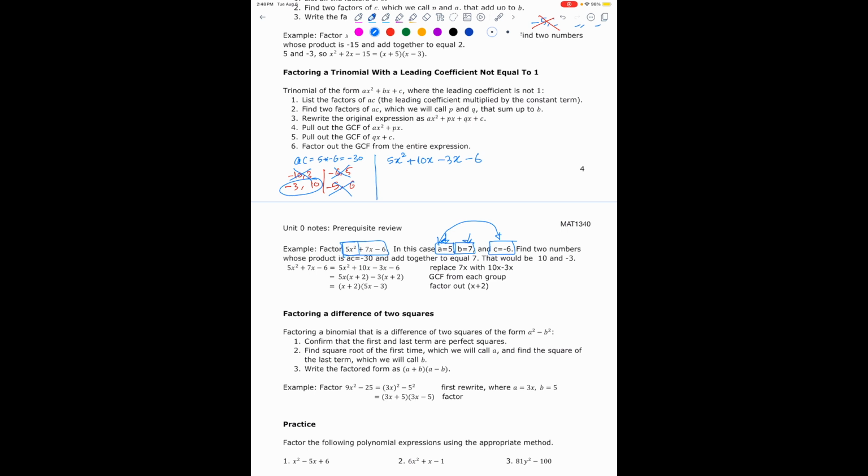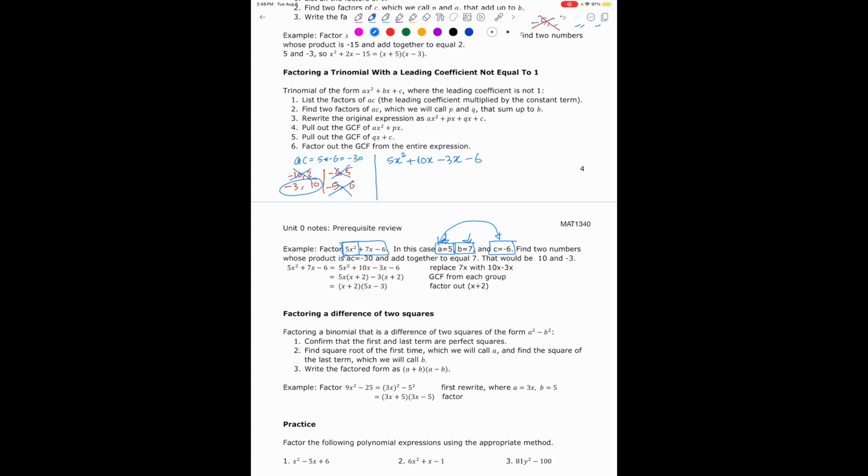Okay? So I chose strategically such that the number I choose here has a common factor with the previous one, and the number I choose here has a common factor with the last term. Now I'm going to regroup these into two groups and then factor the greatest common factor out.